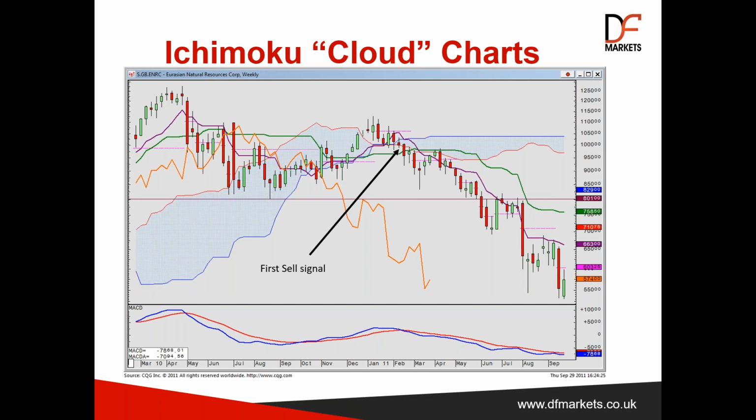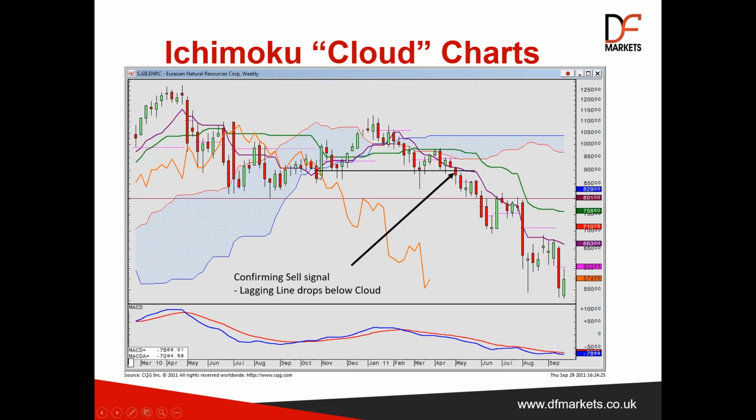So yes, we got our sell signal from the cloud chart on this particular chart. This was the one I just referred to when we dropped through the cloud here. But this gave us extra confirmation, as I've already shown you, with a bearish engulfing pattern being seen as we hit the top of the cloud on the retest.